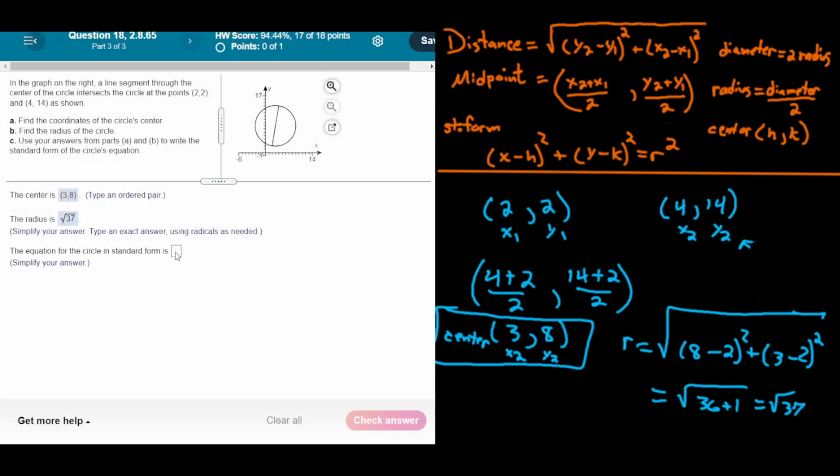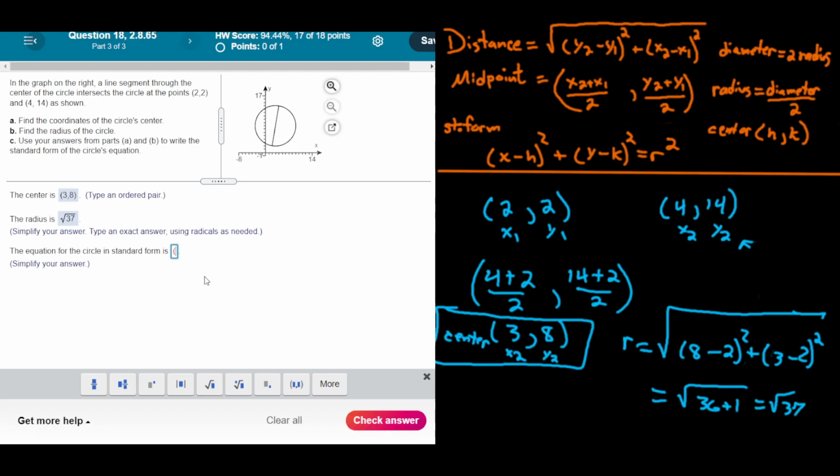Fantastic. Equation is going to be x minus your h, which comes from your center. This whole thing is squared. Plus y minus your k, which is negative 8, so minus your k, and then you're going to square it.